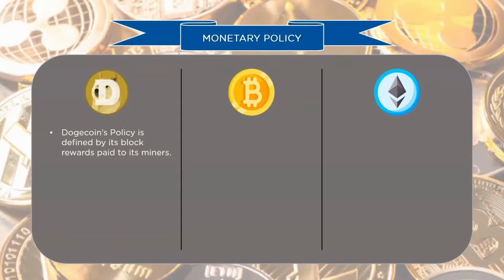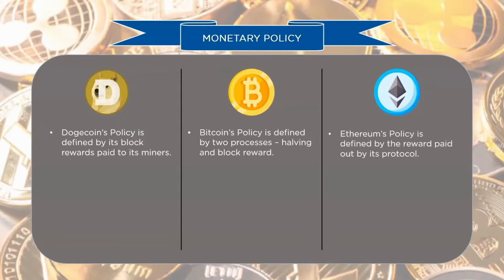Dogecoin's policy is defined by its block reward paid to its miners, whereas Bitcoin's policy is defined by two processes, halving and block reward. A halving event is when the reward of mining Bitcoin is cut in half, and it also cuts the inflation rate. And the block reward is the number of Bitcoins you get if you successfully mine a blockchain block.